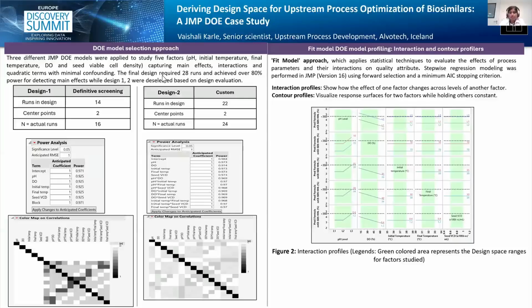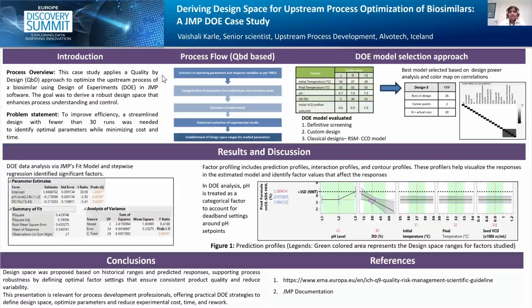So all in all, design space or acceptable ranges were derived using the DOE model. And the design space is extremely helpful for supporting process robustness by defining the optimal factor settings, ensuring that we get consistent product quality and reduced variability.